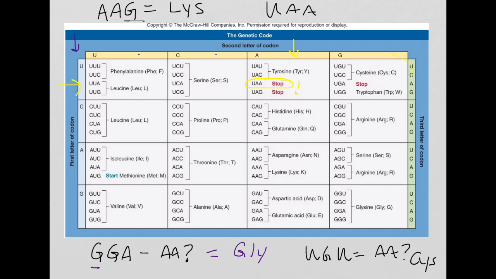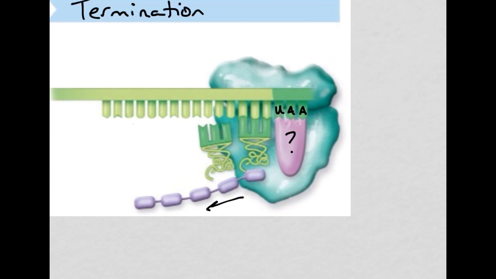So there's no amino acid associated with the codon UAA. If there's no amino acid associated with it, it's considered a stop. And the protein chain, the peptide, will be released from the ribosome.